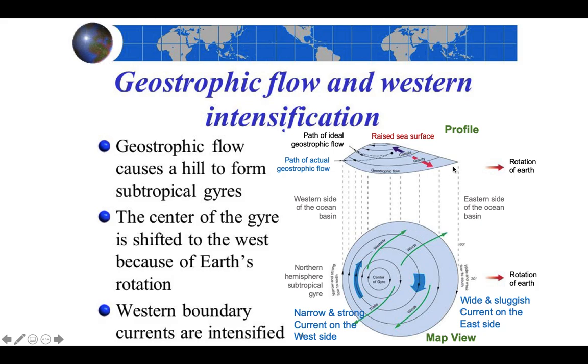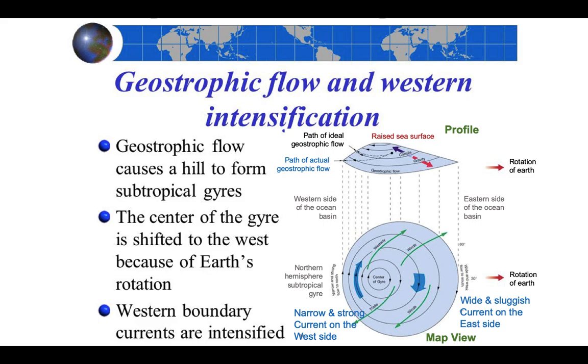So a subtropical gyre system, like the one in the northern hemisphere in the Pacific Ocean, has this contact lens shape with a raised sea surface. So the gyre system has this little bubble of raised surface.